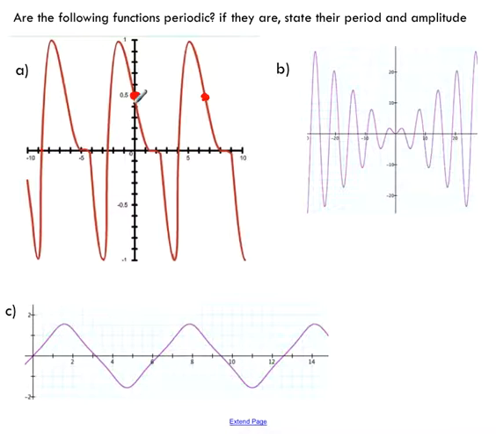So this would definitely be considered a periodic function. We've got a period of about 6.5. Sorry, I should have chosen a better graph with an easier to understand axis. But you can see that this is definitely periodic. It continues to repeat in regular intervals.